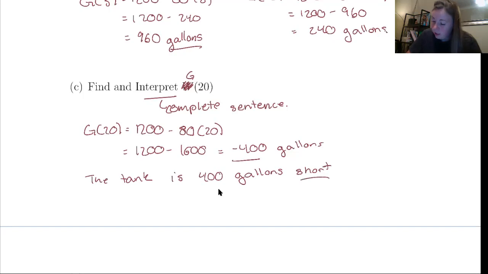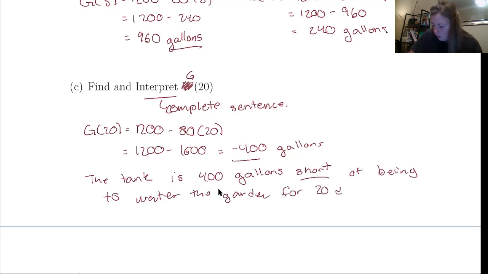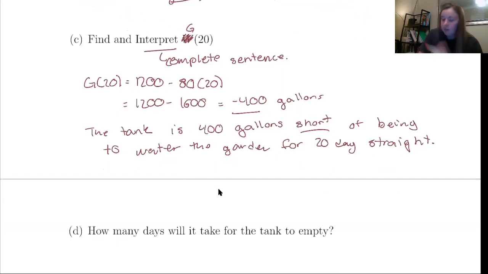But to really reiterate that it's a negative value, we're 400 gallons short of being able to water the garden for 20 days straight. We can even say something like that. And that's where practice comes in, getting better at phrasing these things.